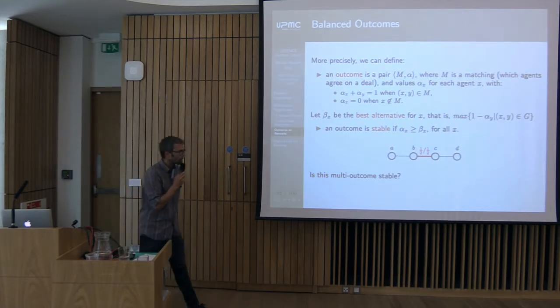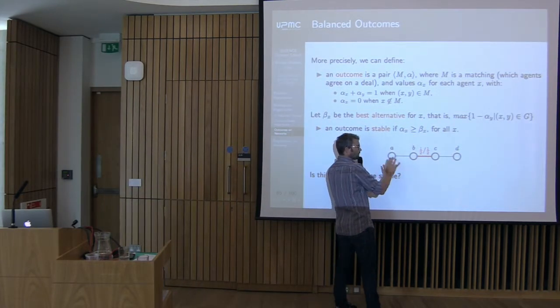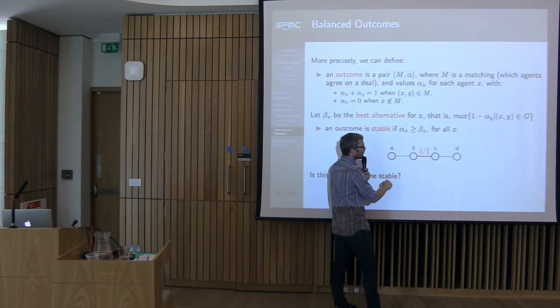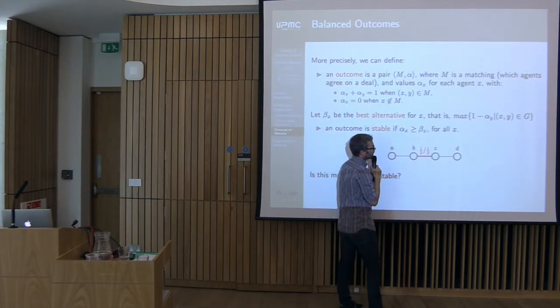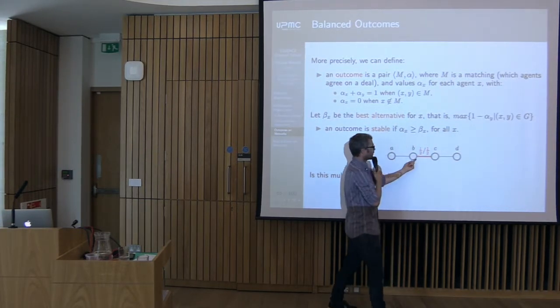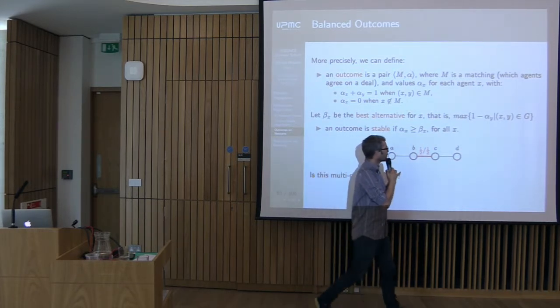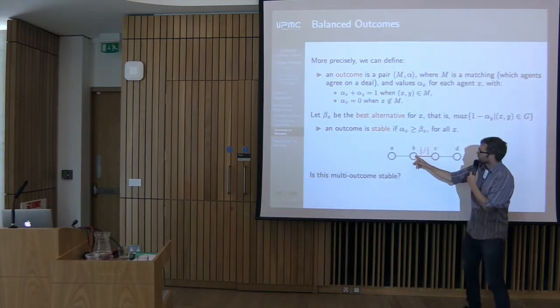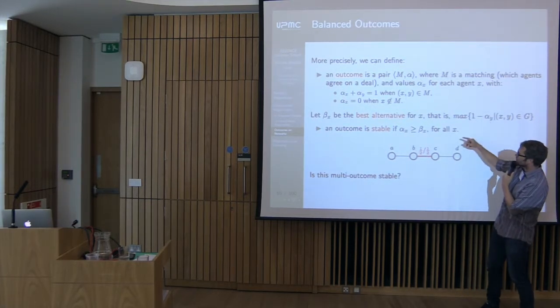As you have a bit more failure, here, A is not in any deal, so he has alpha of 0. Okay? So this agent has alpha of 0.5. But if he looks at A, he says, okay, A has alpha of 0, so beta here would be 1 minus 0.